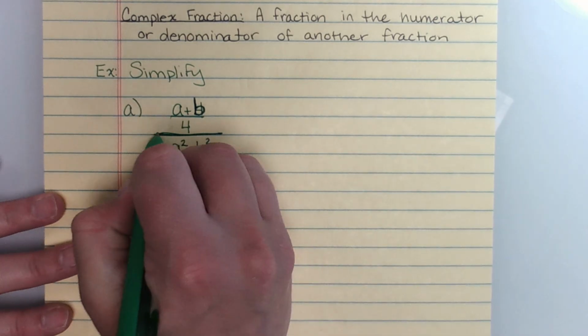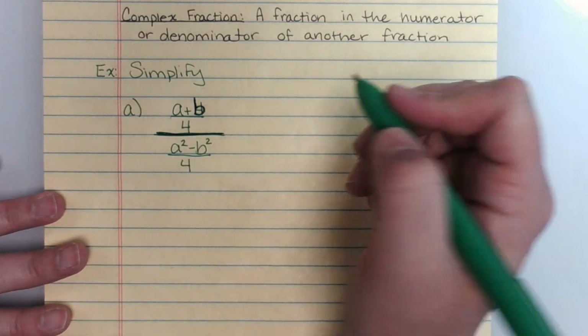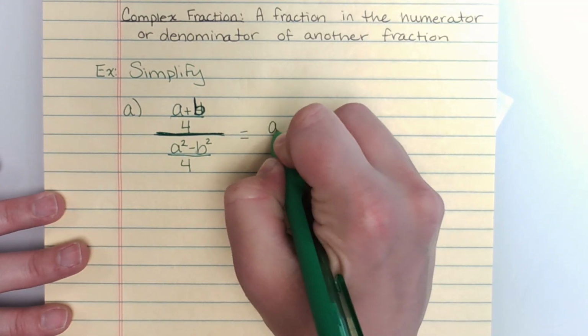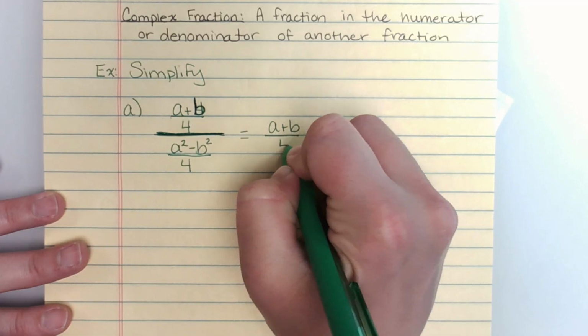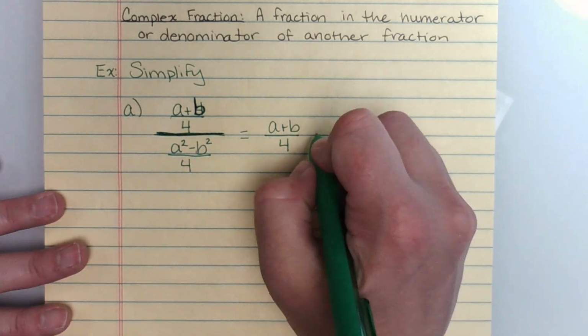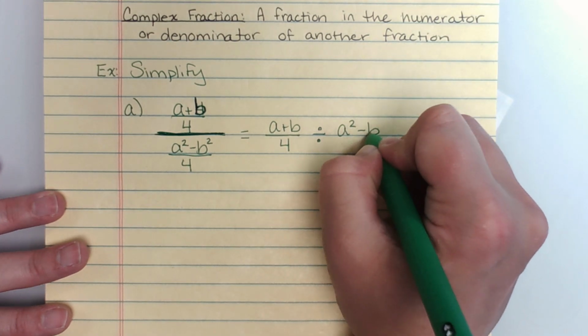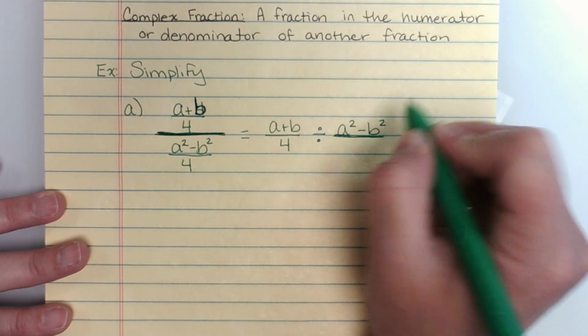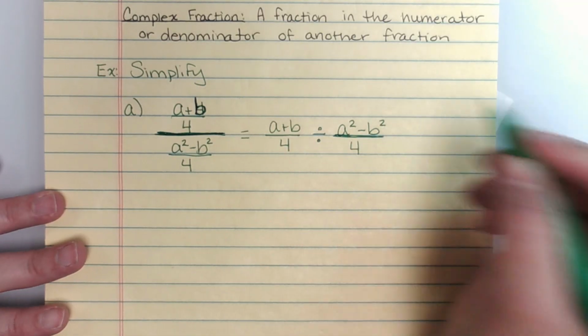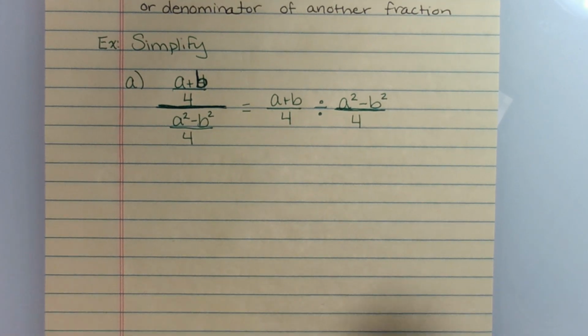I find my most pronounced fraction bar, and then I change the problem into the numerator of that most pronounced fraction bar getting divided by the denominator of that, in your face, fraction bar. And now I'm dividing fractions.